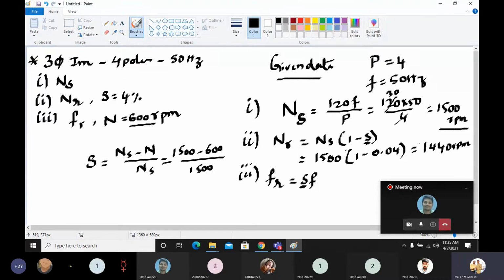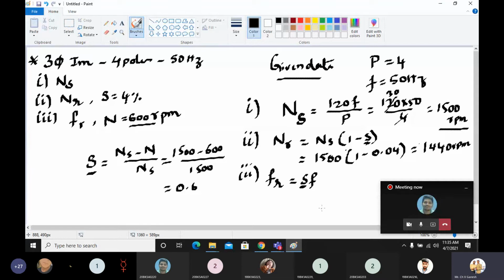If you simplify this value, what is the value of slip? The slip value is 0.6. Yes, 0.6. And there are no units for the slip.